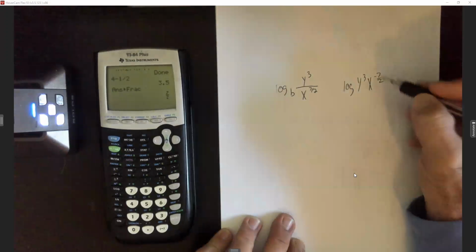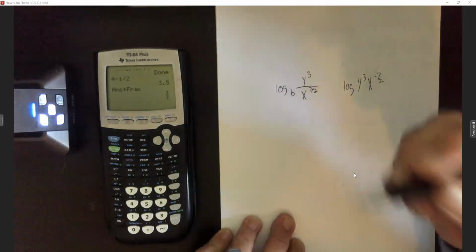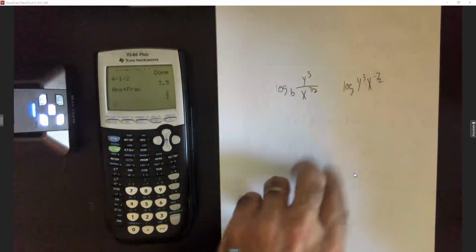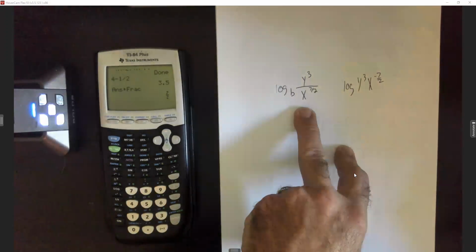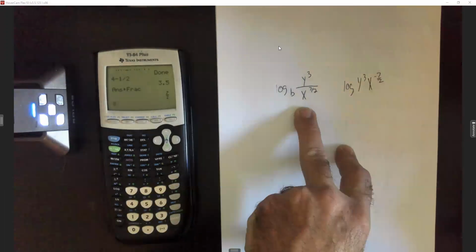Exponents always have to be written positive in your final answers. So we're going to write it like this. So let's go back to your problem and let's see if you can actually put this in for us. Because I got that answer. So the first thing you do, write log.